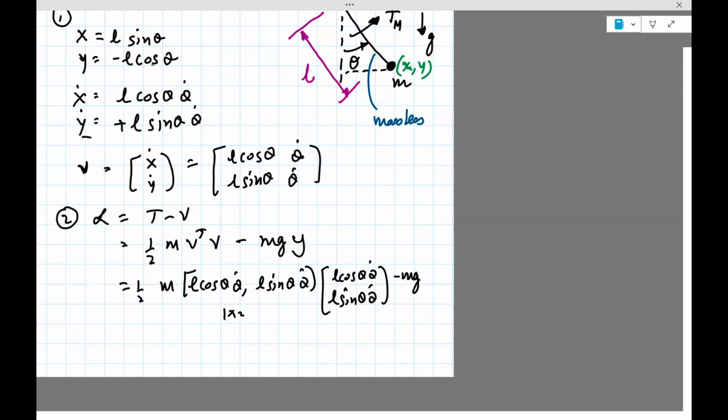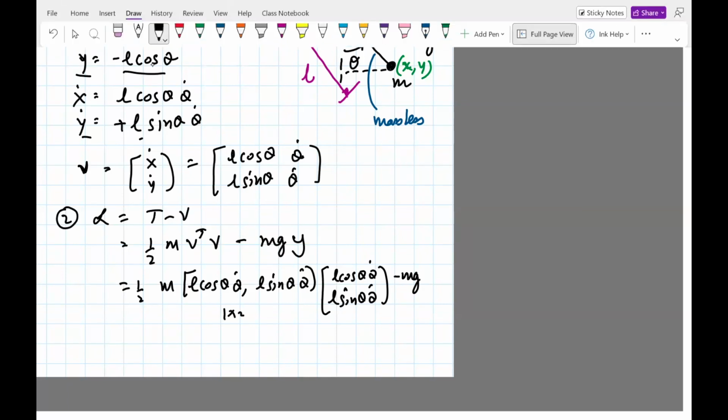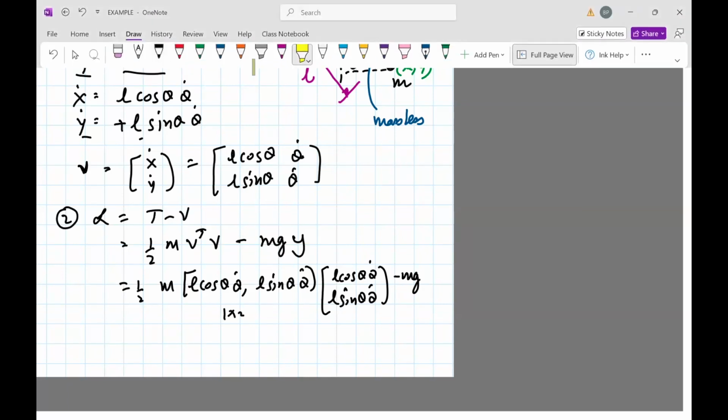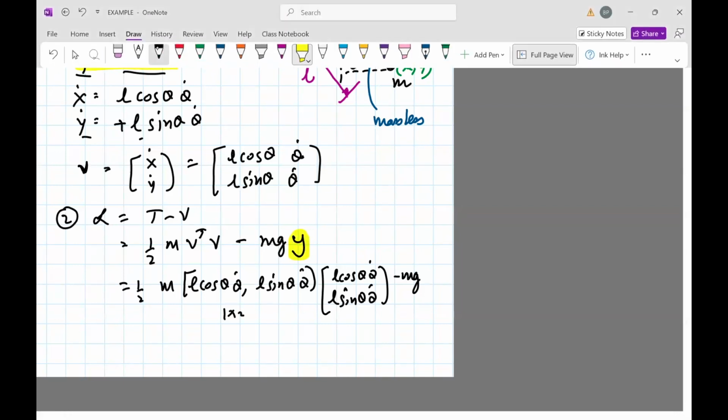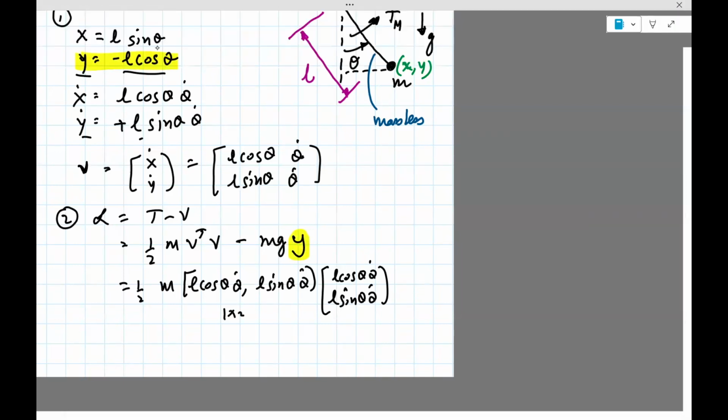Now y is minus L cosine theta. You substitute that here, plus mgL cosine theta.